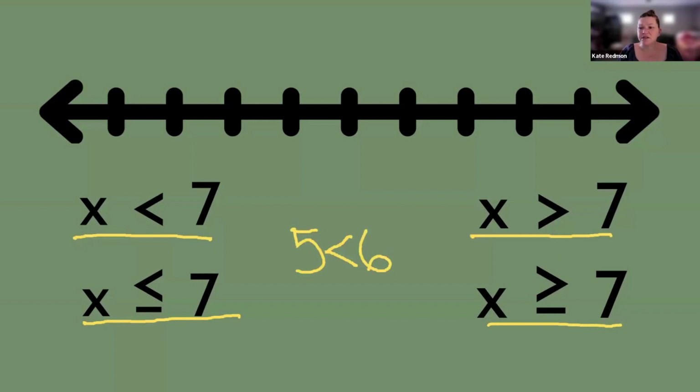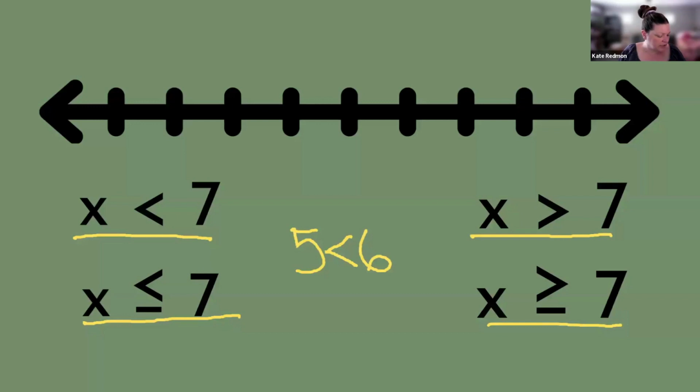There was not a reason to need to read them. However, in the land of algebra, we are going to be reading and writing inequalities that maybe aren't so easy to see which one's bigger. The alligator is not going to be there to guide you. And so you actually have to be able to read those symbols as if they were words.